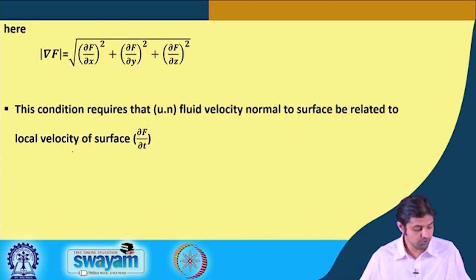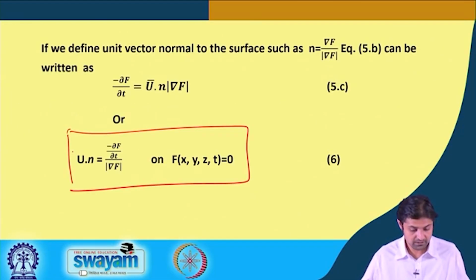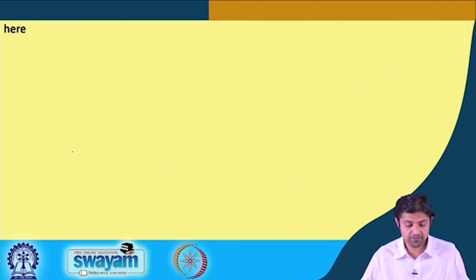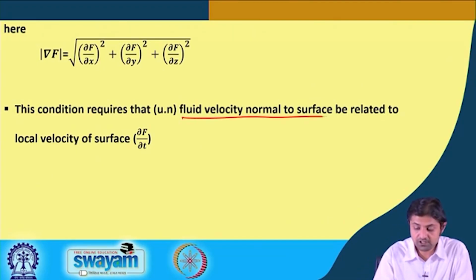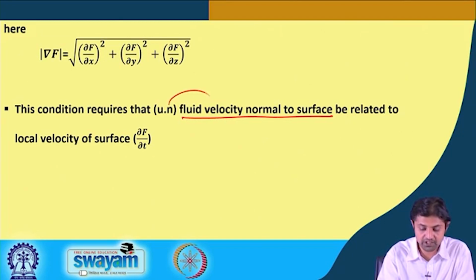Now if you look at the condition here, u dot n is equal to minus del f del t by mod of del f. This condition requires that u dot n, that is the fluid velocity normal to the surface, should be related to the local velocity of the surface. Del f del t is the local velocity of the surface.